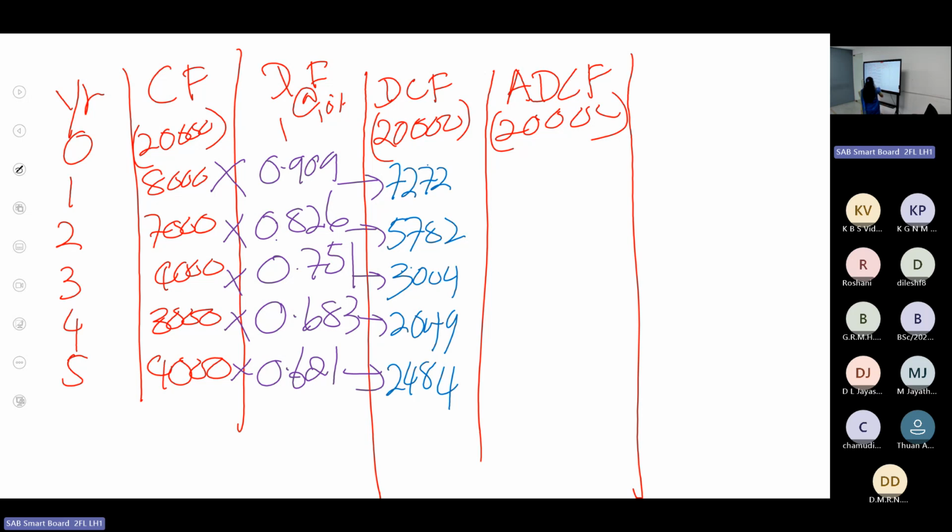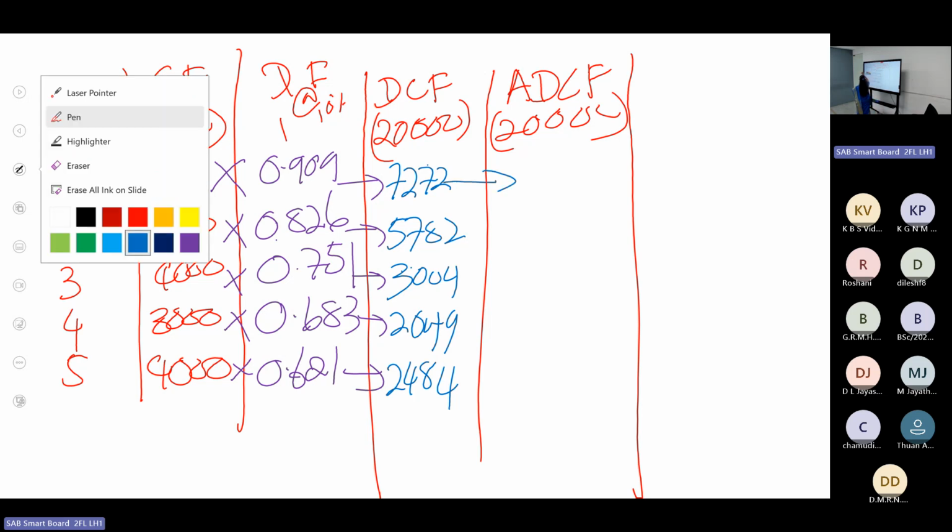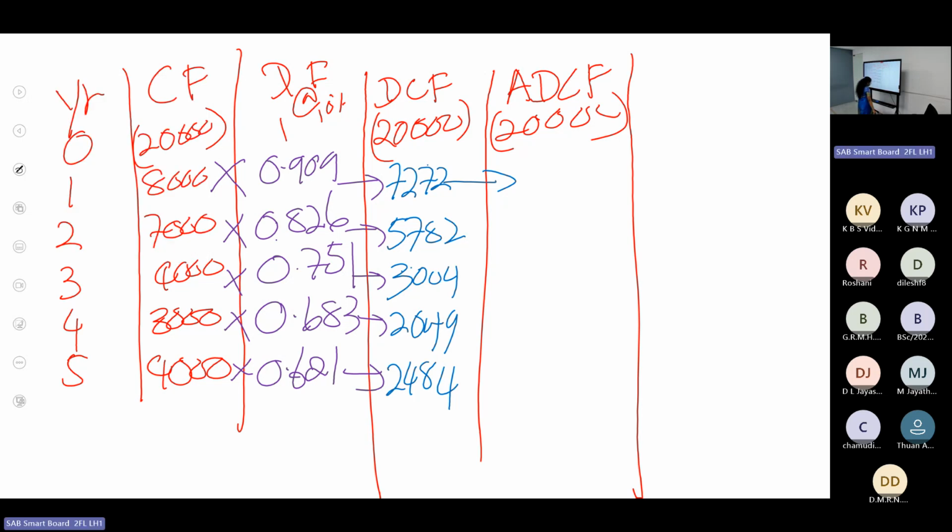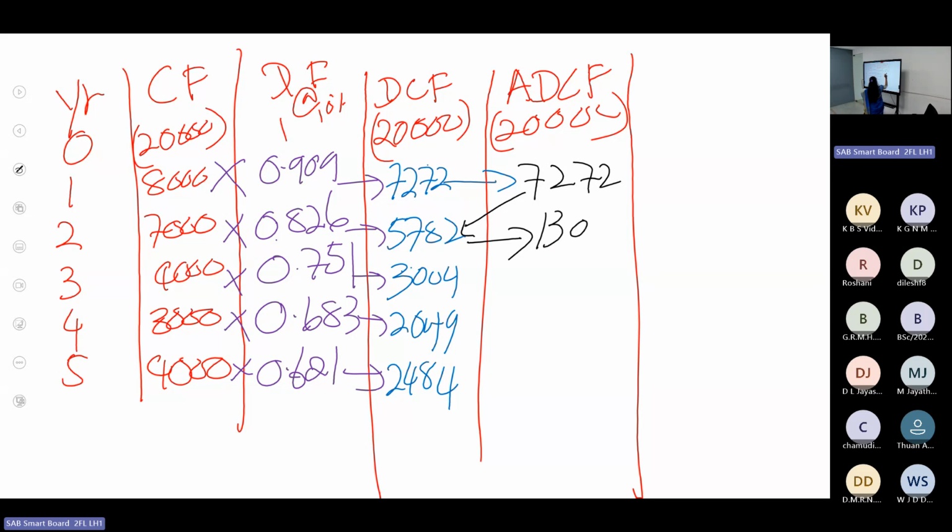Right. Now we accumulate the discounted cash flow. For the first year, we will be able to recover 7,272. Second year, what will be the accumulated discounted cash flow? 13,054.